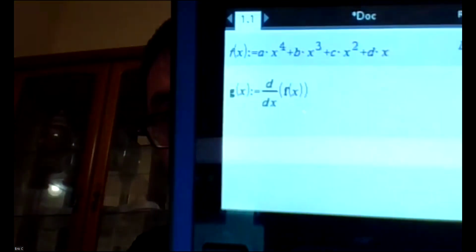Next you want to define your g(x), which is going to be your derivative. Go to menu, calculus, derivative to get the derivative function: d over dx of f(x). Do it like that to define your f(x) and your g(x).